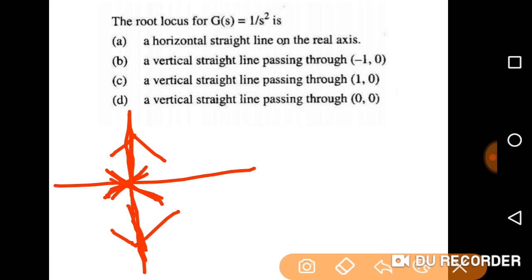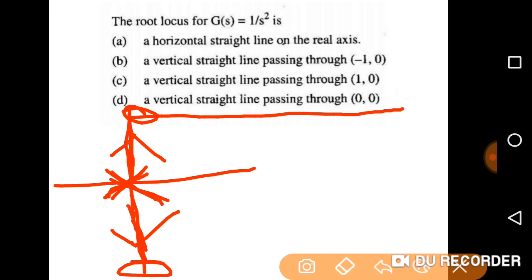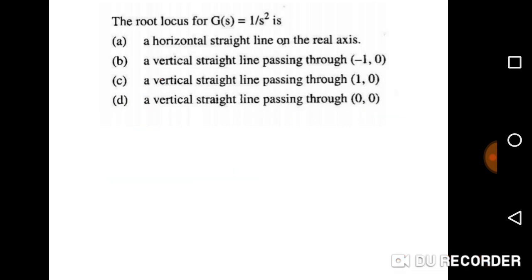These two poles will go to the virtual zeros, which are present at infinity. So the correct answer is the vertical straight line passing through 0, 0 meaning the origin. Option D is the correct answer according to the root locus diagram drawn here.